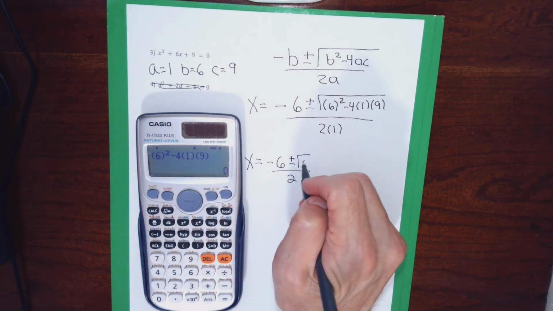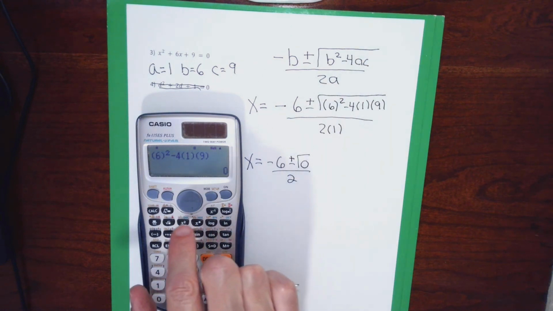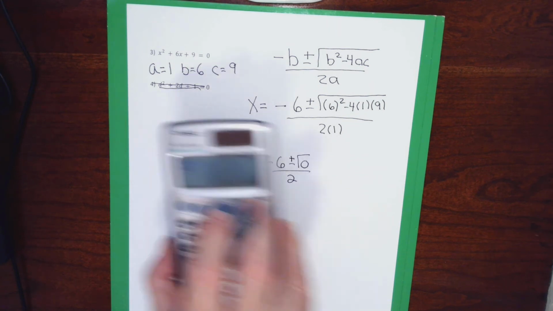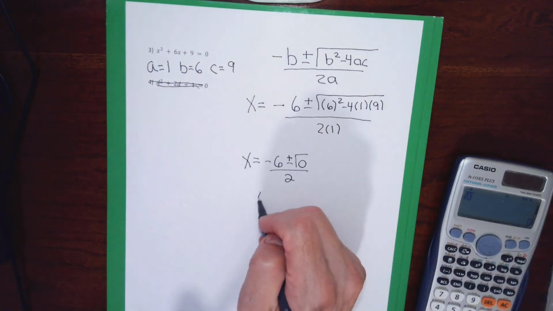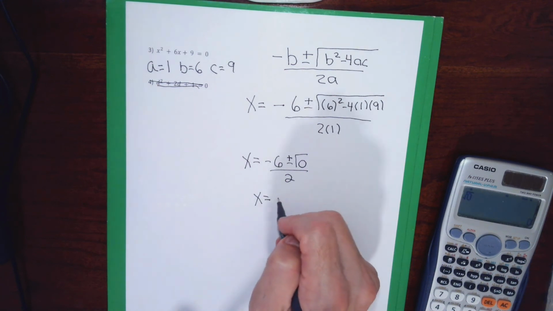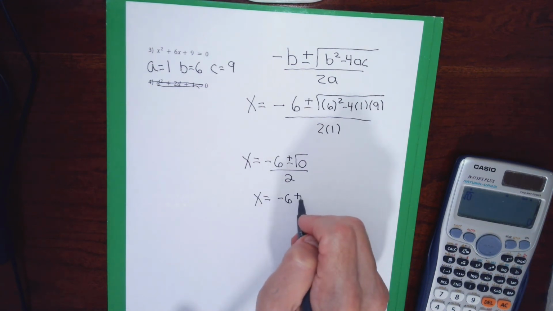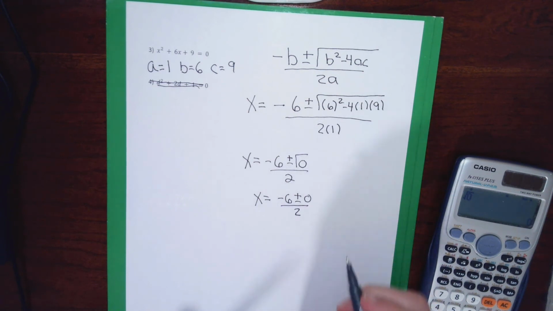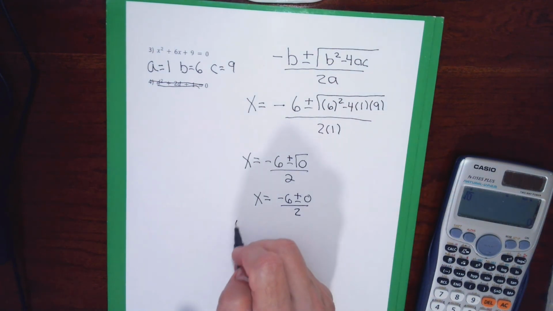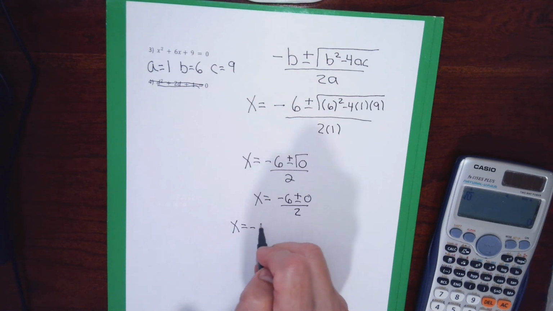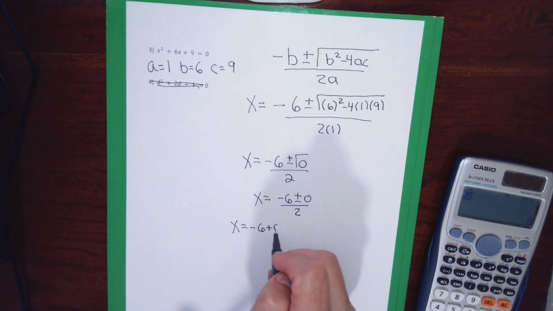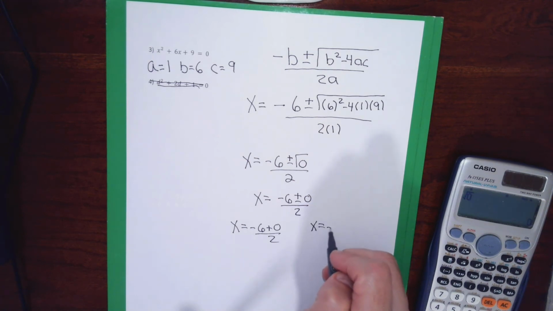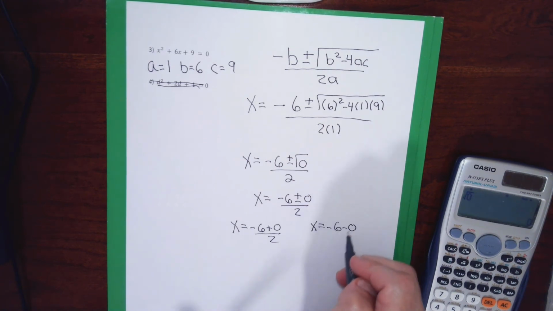But this is a special problem. And the square root of 0 is 0. When you get a 0 under the radical, you only get one solution. Because the problems that are implied are x equals negative 6 plus 0 over 2, and x equals negative 6 minus 0 over 2.